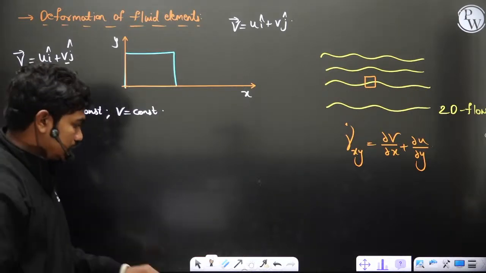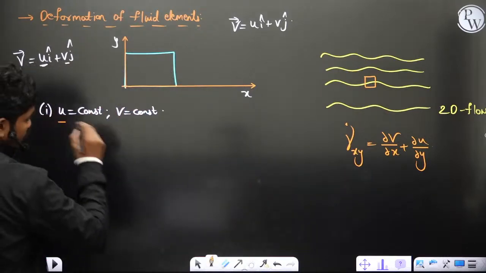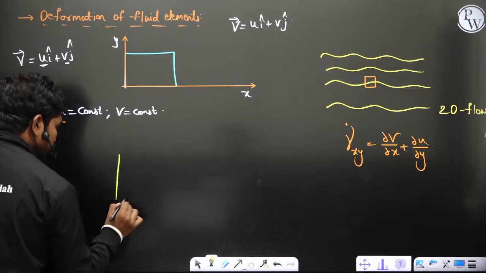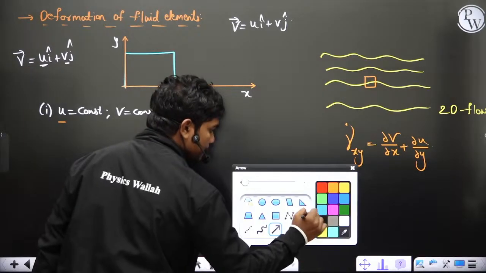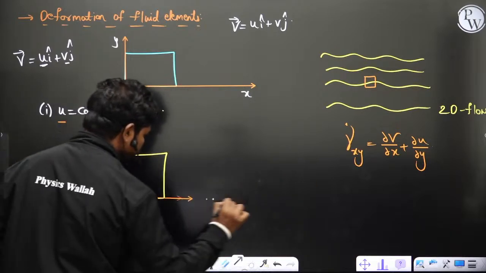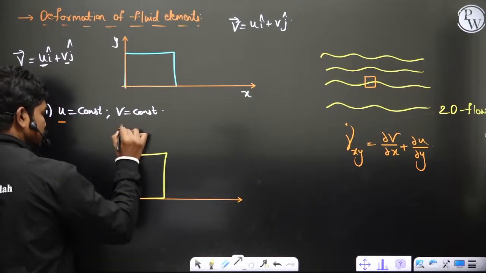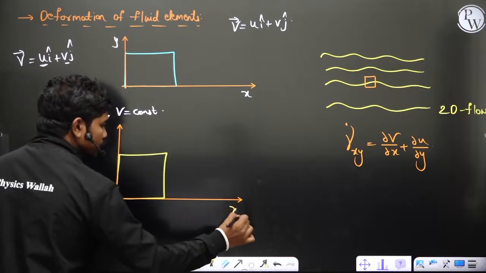What is the meaning of this? If we take u, for example, if it's constant, that means, you can see, this is x and this is y, for example, origin x, y.